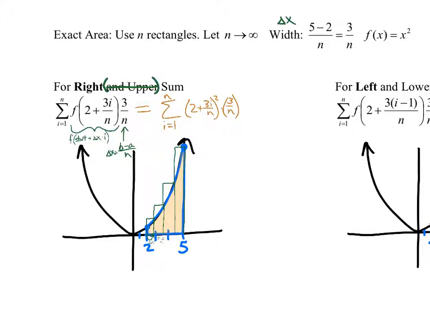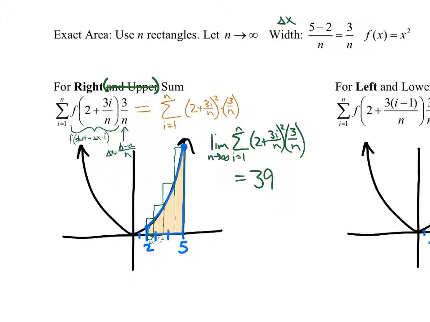You treat it as a constant within the sum, and we only use n as infinity once we take the limit as it approaches infinity. Correct. So we take the limit of the sum from i equals 1 to n of 2 plus 3i over n squared times 3 over n. And that, as we found earlier, was 39.